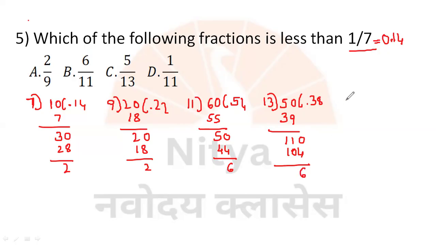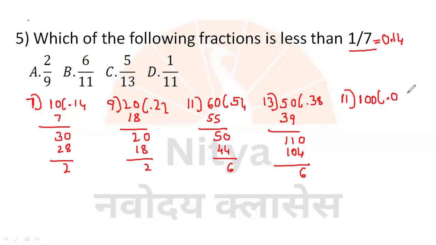Okay, next divide 1 by 11. So see here, 1 is smaller than 11, so first we take a point and 0. Again see, 10 is smaller than 11, so again we have to take a 0 here. When we put the point here, we have to take only one 0 at first, and then take another 0.